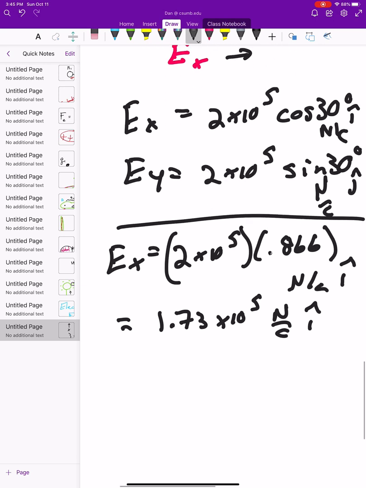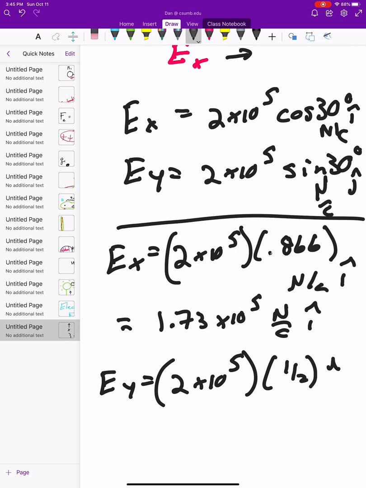That's Ex. Ey is 2 times 10 to the 5th times the sine of 30 degrees, which is a half, newtons per coulomb j hat. So that's going to be equal to 1 times 10 to the 5th newtons per coulomb j hat. Okay, so there's my x component and my y component of my electric field.